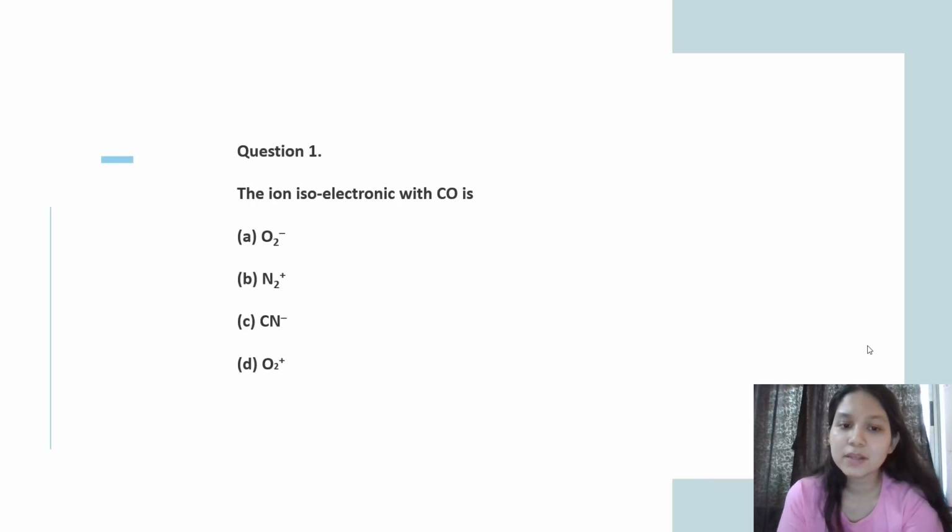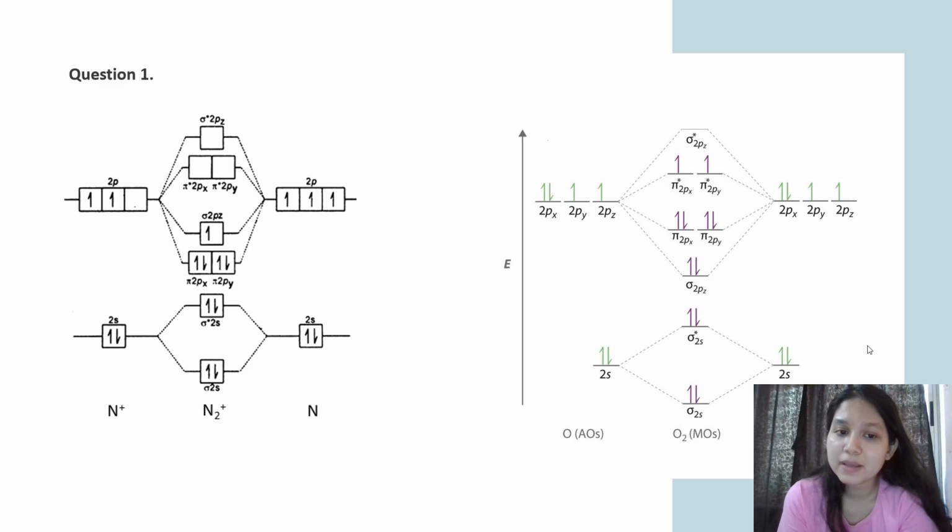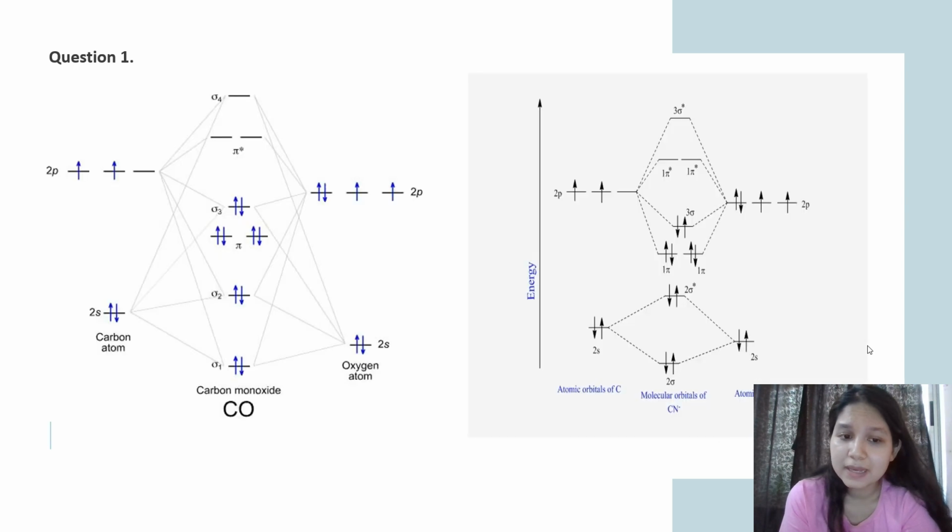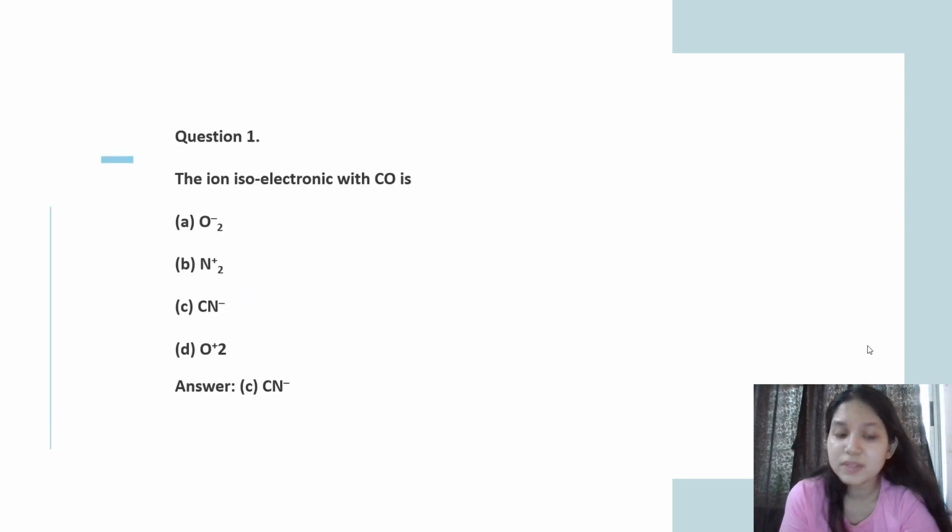First we calculated the ion isoelectronic with carbon monoxide, in which we moved forward by calculating the number of electrons present in the species provided in the options, and we were guided by the molecular orbital diagrams of the species given in the options. By calculating the number of electrons, we found that cyanide ion is isoelectronic with carbon monoxide.